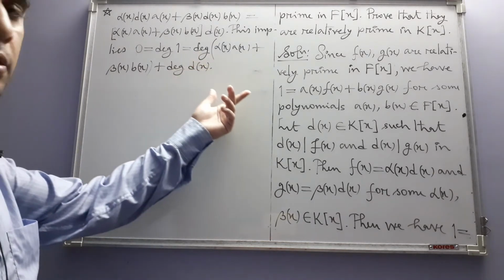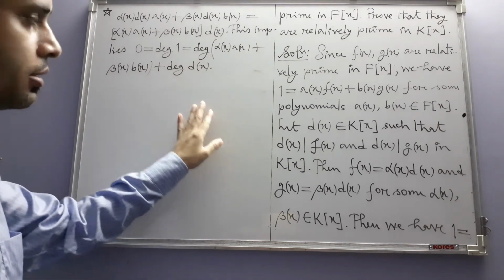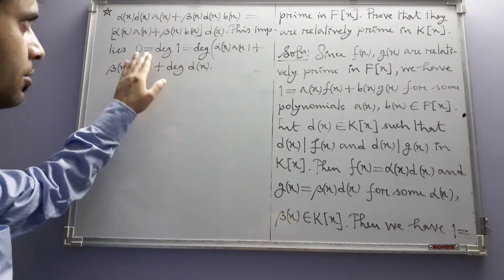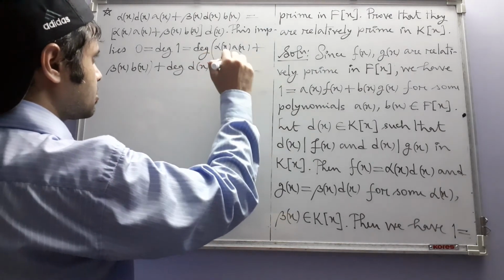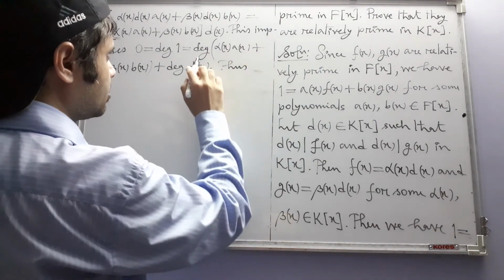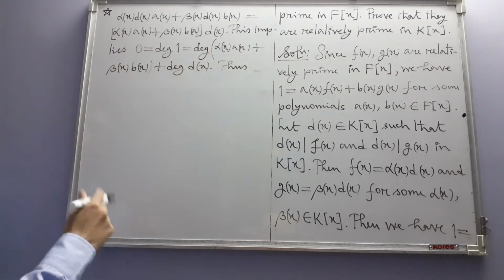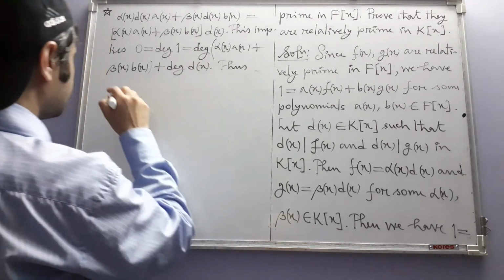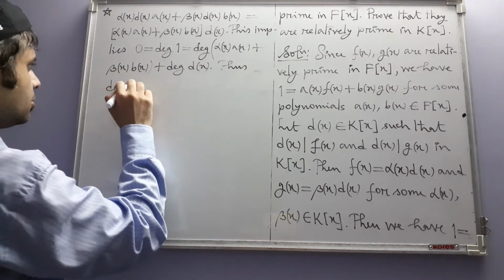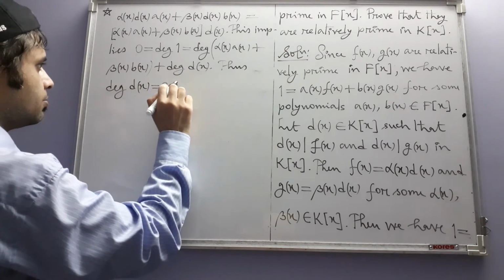Now both these degrees by definition are non-negative integers, and their sum is equal to 0, so both of them have to be equal to 0. We only care about the fact that this degree is 0. Thus, degree of d(x) is equal to 0.